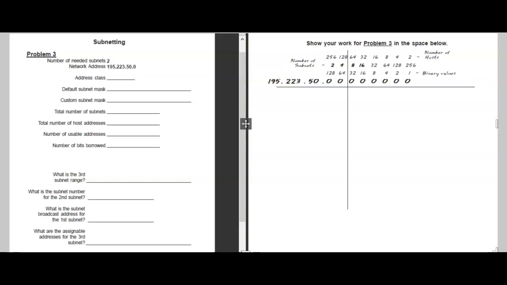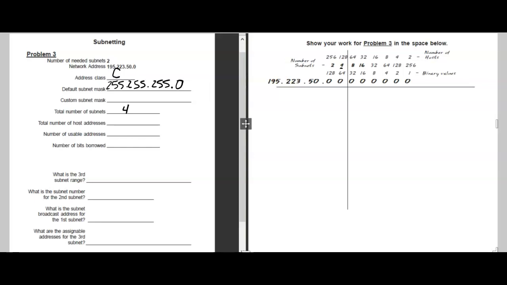So we already have the great divide line drawn for us, so we should be able to solve. We know that the address class is, let me write this in here, class C. We know our mask is 255.255.255.0, and the total number of subnets that we have is here, so we have a total of 4.